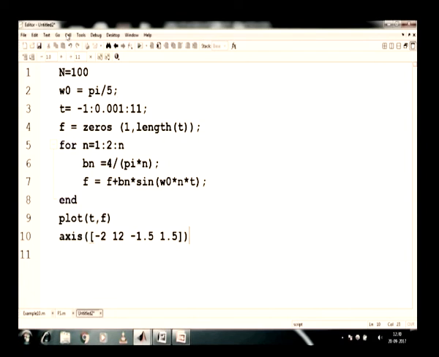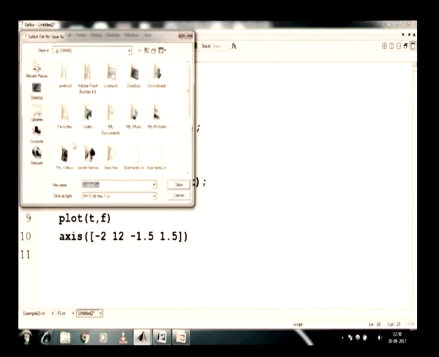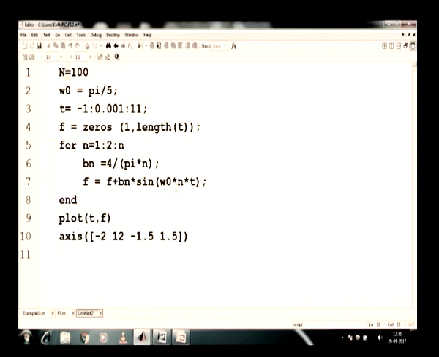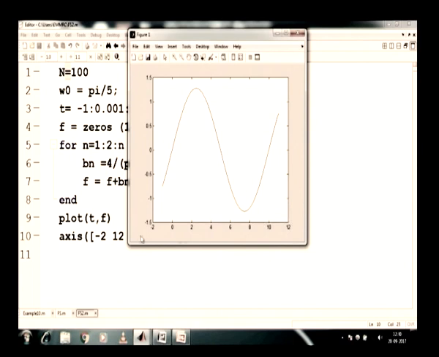Okay. Now save the program as Fourier series 2 and execute it. So now we get the sine wave.